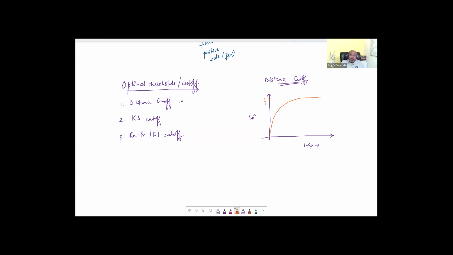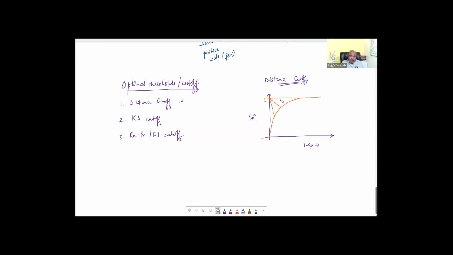Now, if I have to determine the best probability, it has to be some point on this curve which is nearest to the most optimal point. I don't know which one of them it is. Maybe it is this distance, maybe this distance, maybe this distance. I don't know which one.